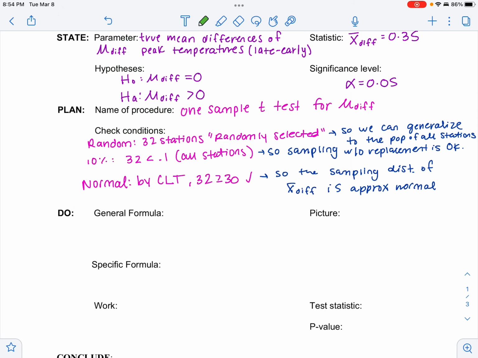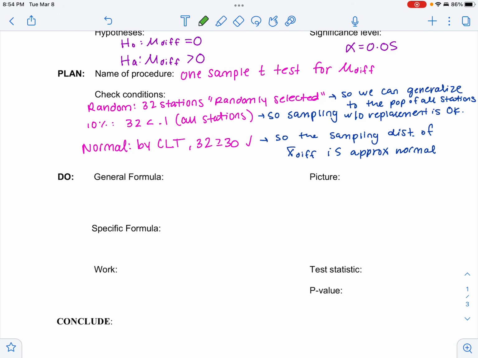All right, moving on to the do section. Our general formula has not changed. It is test statistic equals statistic minus parameter over standard deviation. The specific formula now is t equals, our statistic is x bar subdifference, minus the parameter is mu subdifference, over the standard deviation.